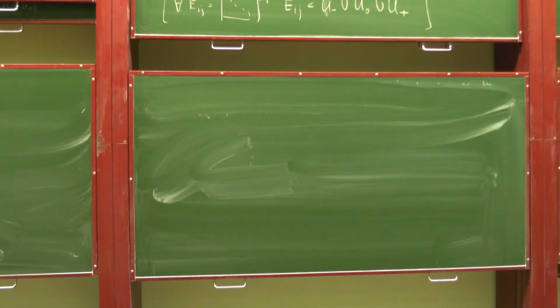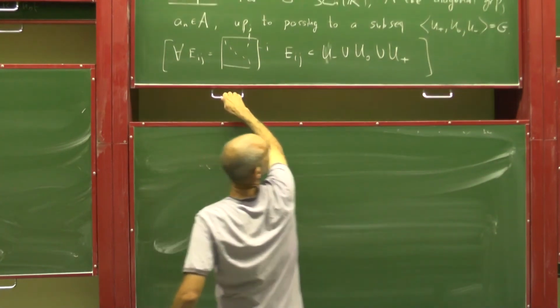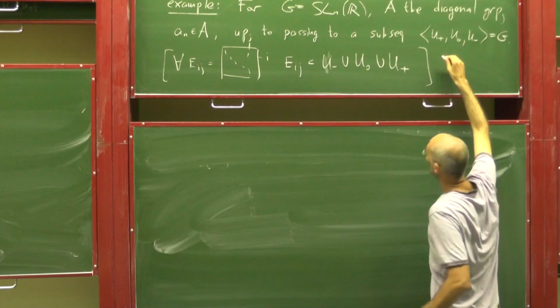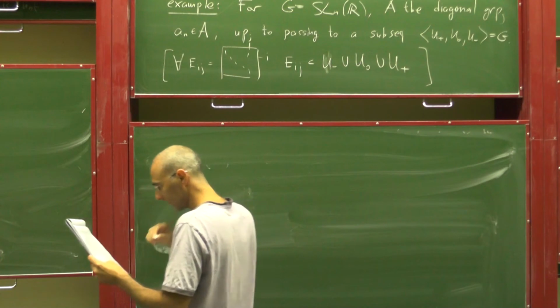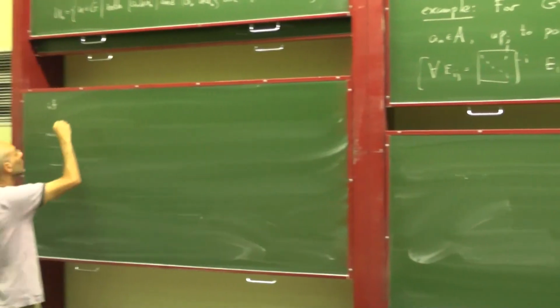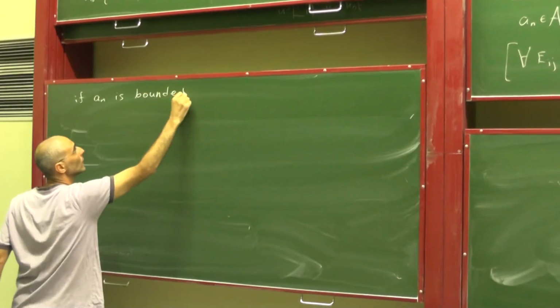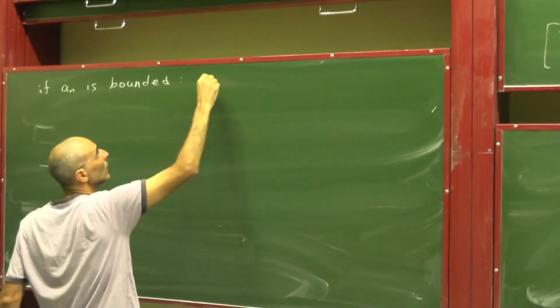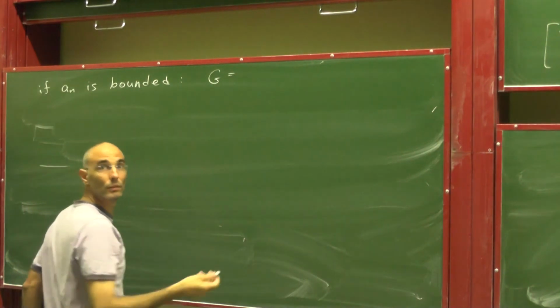Okay, and in fact, maybe I want to make one more remark here, continuing this example. If a_n is bounded, this is uninteresting, then G will be one of these groups. Which one?